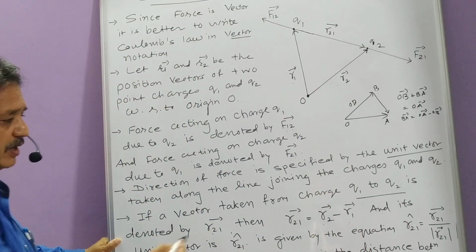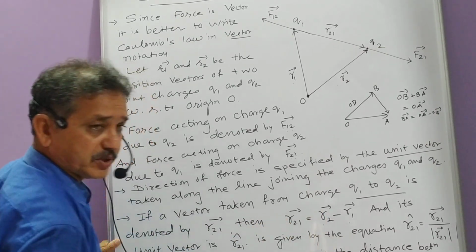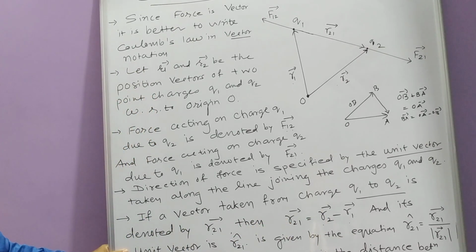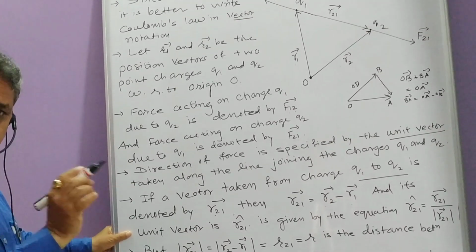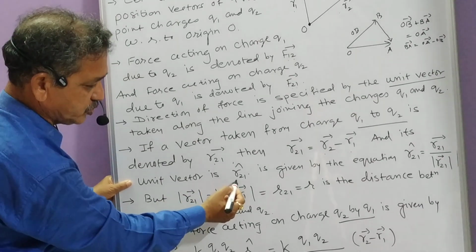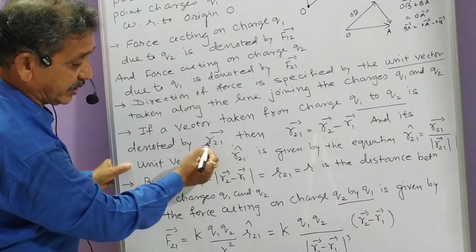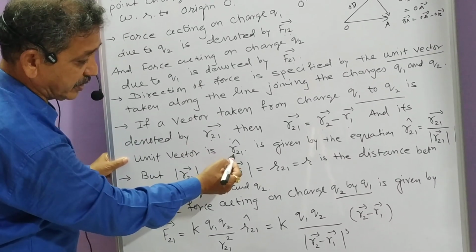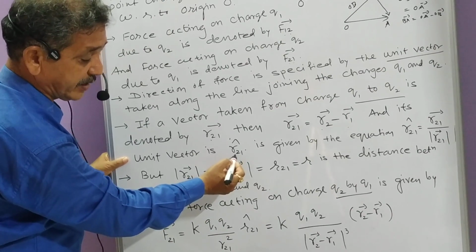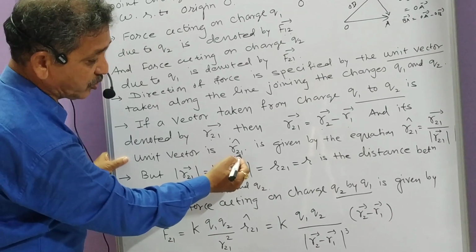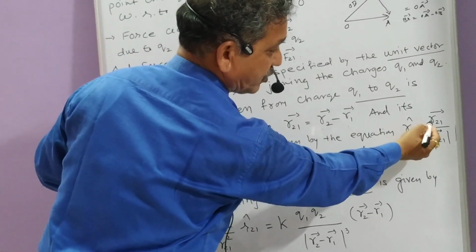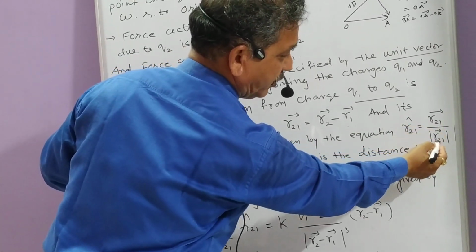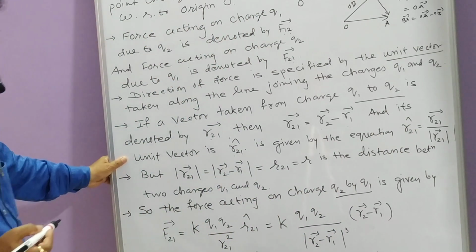The unit vector of any vector is equal to the given vector upon its magnitude. So the unit vector of vector R21, written as R21 caret, is given by R21 caret equal to the given vector R21 upon the modulus of vector R21.